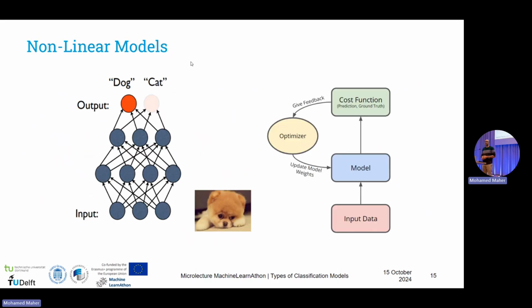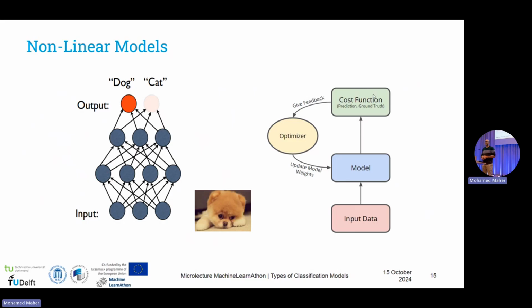Here we have an example of a classification neural network where the input is the pixel values of images of cats and dogs, and the aim of this network is to be trained to predict whether the image is a cat or a dog. When defining the artificial neural network, we have the input data, we have the model of the deep neural network, and we also need to define an optimizer function and a cost function.